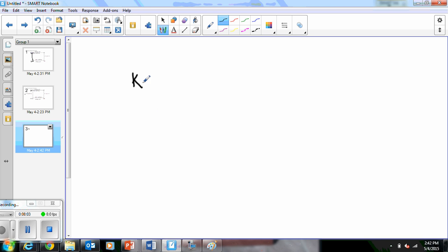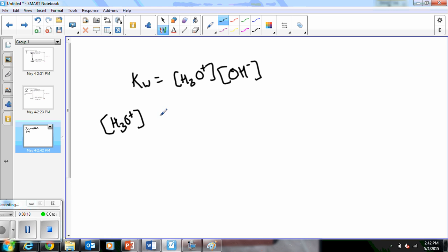So Kw equals hydronium times hydroxide. And if I'm solving for hydronium, then we're going to take Kw and divide that by the hydroxide concentration.